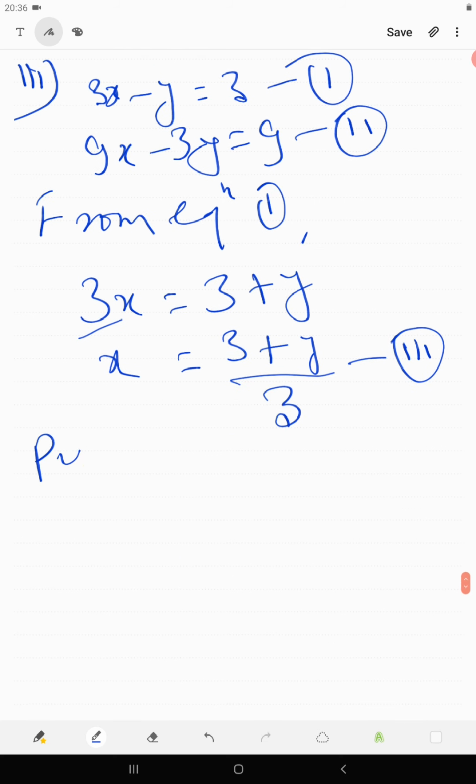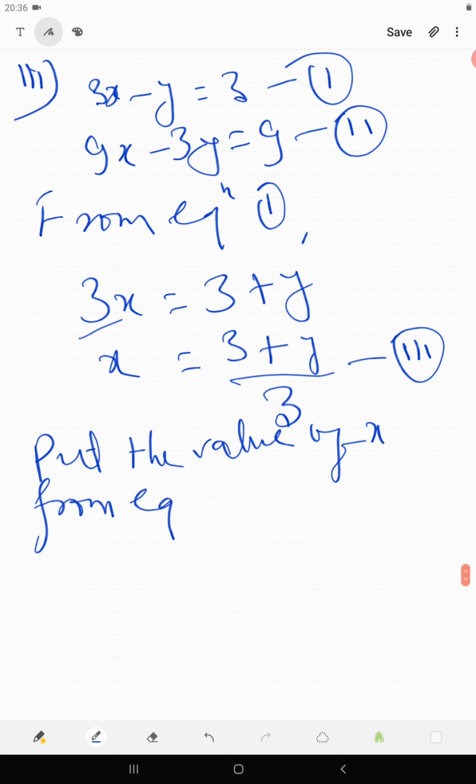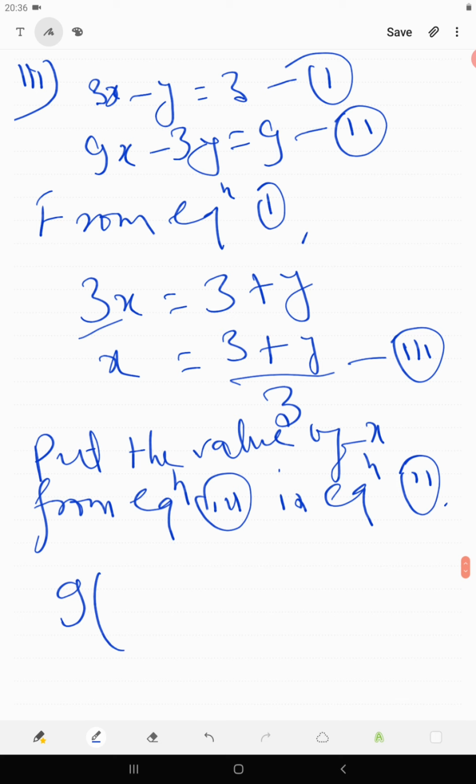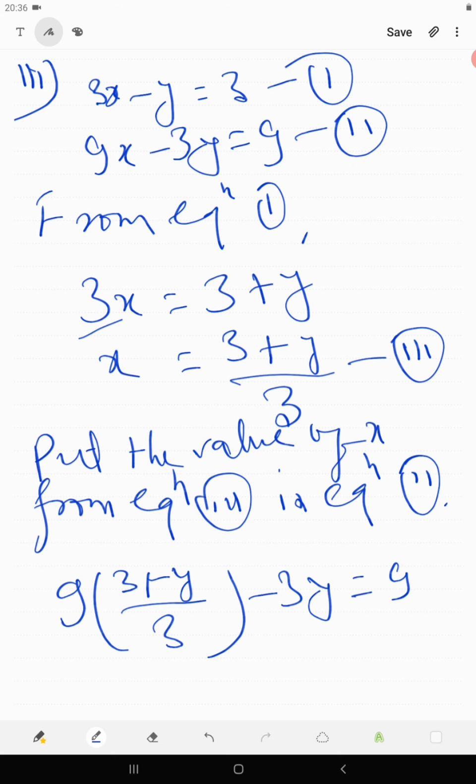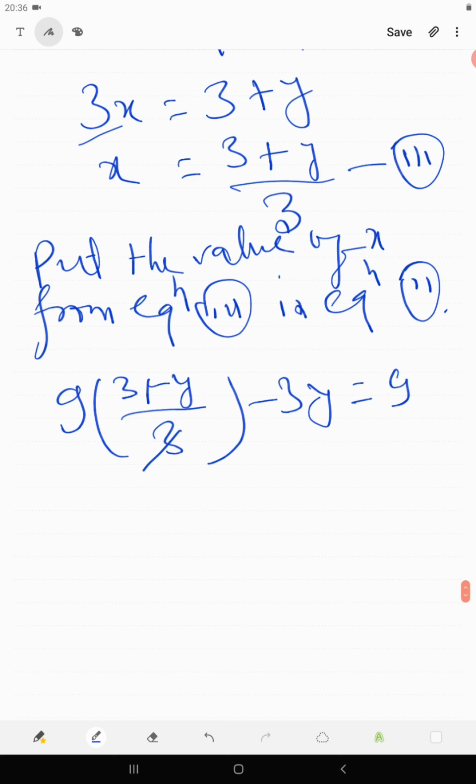Now put the value of x from equation 3 in equation 2. Okay, so what will we get? 9 into 3 plus y divided by 3 minus 3y equals 9. Okay, so 3 3s are 9. As simple as that.